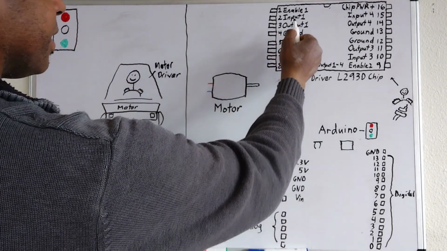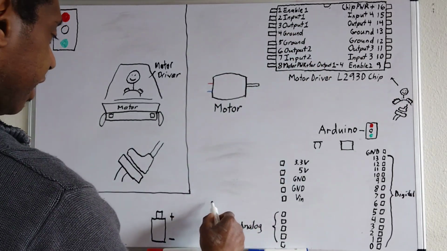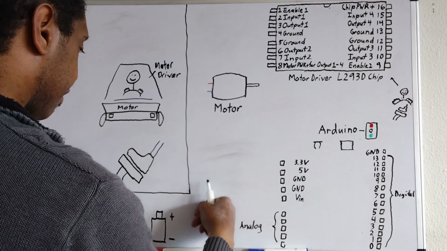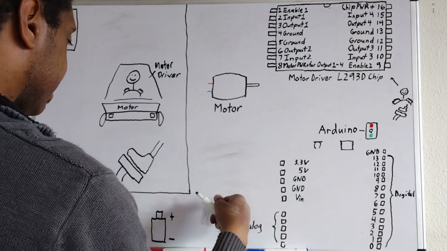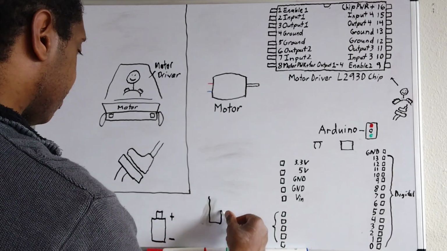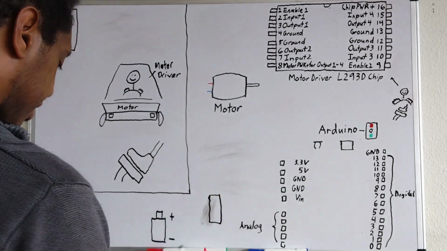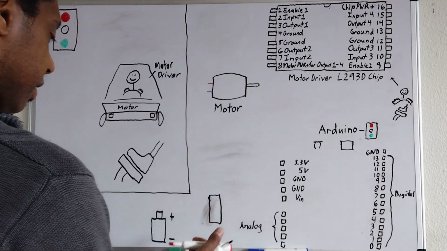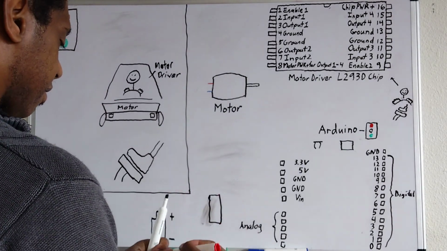So let's start with some input 1, input 2, okay? Let's say we had something here like this, and let's put a positive here.